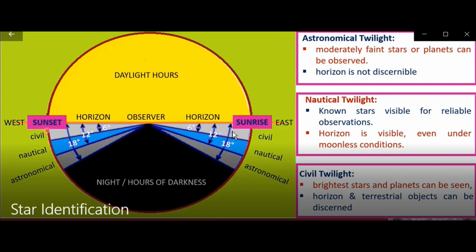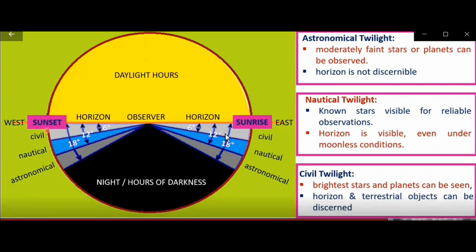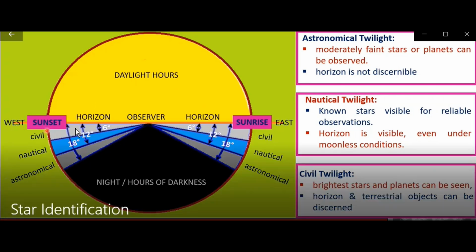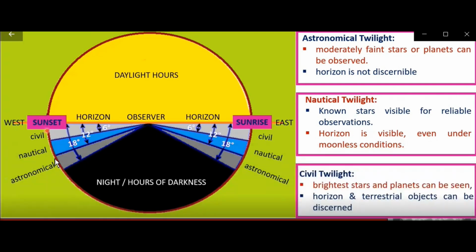And when you come in the light gray portion, the light is so bright that the celestial bodies start to disappear. So the most suitable time is in the morning, commencement of the nautical twilight to commencement of the civil twilight. And in the evening, it is ending of the civil twilight to ending of the nautical twilight. That is the most suitable period.